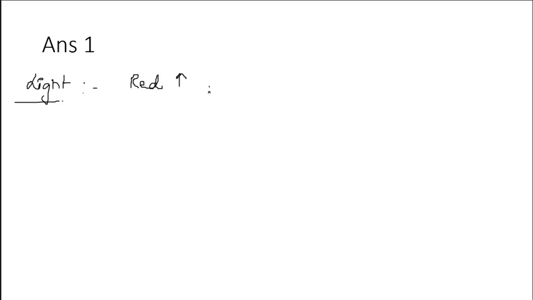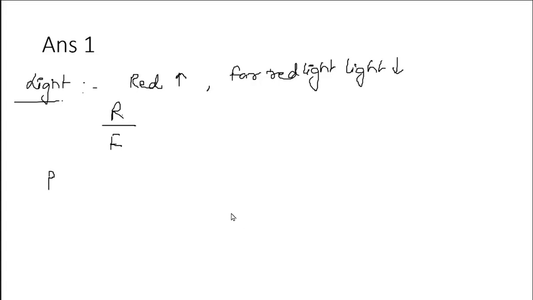So if I say the ratio of R to FR, for light, the ratio of red light to far red light. Also remember, during light, red light is more and far red light is less. So I can say that the ratio of red to far red is higher, because red light is more.